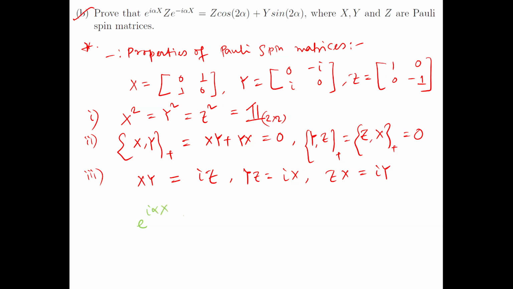If you expand this exponential, provided that x square is equal to 1, like any matrix which follows this property, you can write e to the power i alpha x, or e to the power minus i alpha x, in terms of cos and sine functions, that I'll show you.